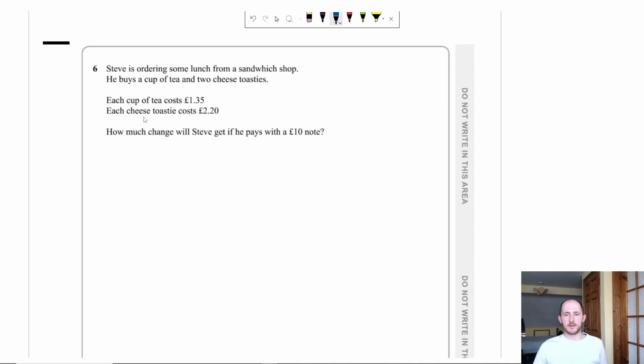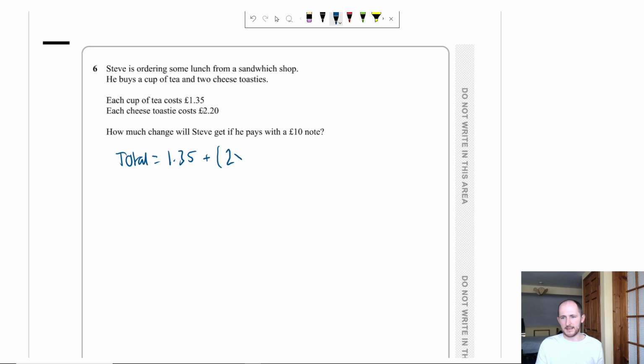So all we need to do is add the price of 1 cup of tea to 2 cheese toasties. So the total that he spends will be 1.35 plus, and I'm going to use brackets because when I put something on a calculator it can do unexpected things.